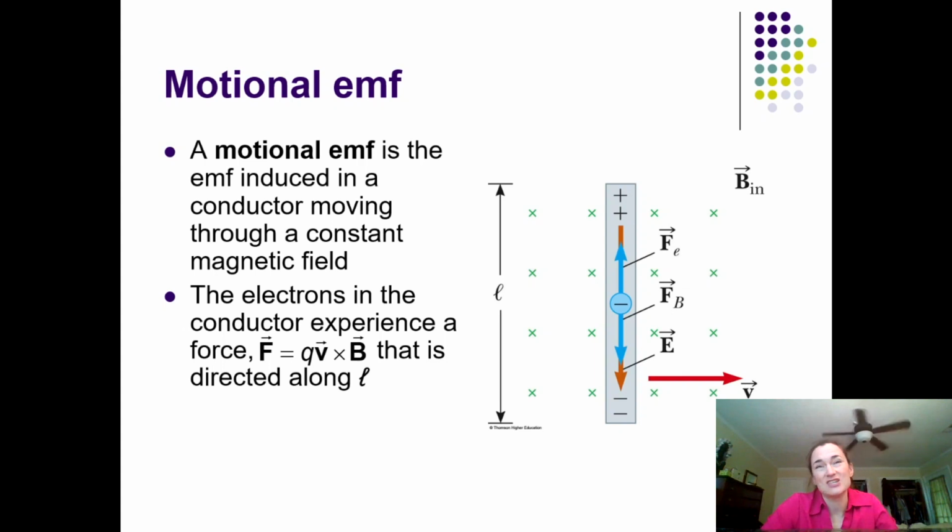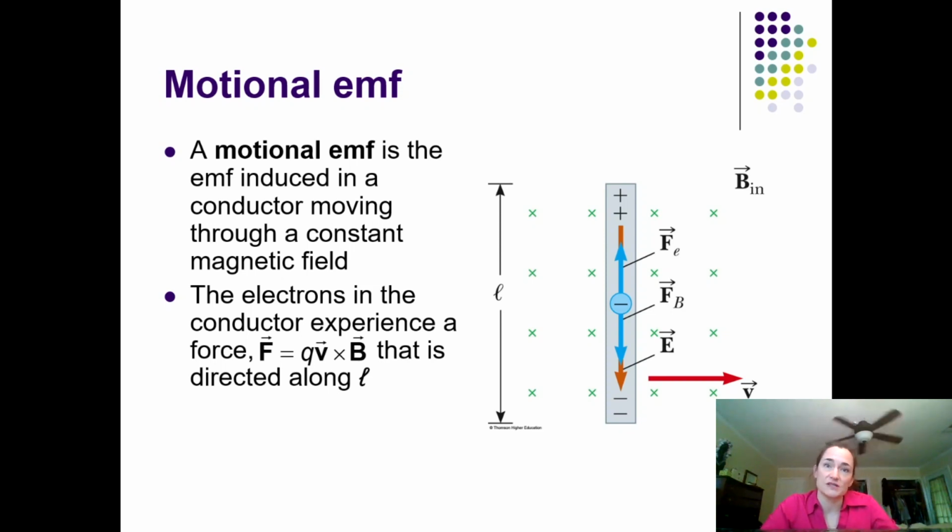As indicated in your slide, if you have positive charges in your bar, then it would be QV cross B. The V is to the right, B is into the screen, and so the force on positive charges would be up. So the positive charges would move towards the top of the bar. Because we're flipping the sign for a negative charge, the force on a negative charge would be downwards, okay? And so those free charges, because of the motion of the bar through that magnetic field, will migrate until they can't move anymore, till they reach the limits of the bar.